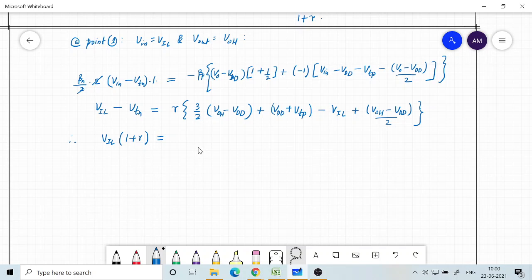I can take this VTN to the other side, so VTN plus R into, this will become 2, 1.5 plus half is 2, VOH minus VDD, plus VDD plus VTP.